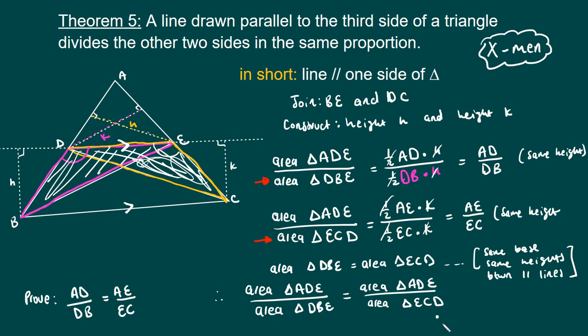And then therefore that will mean that AD over DB is equal to AE over EC. Then you have proved it.